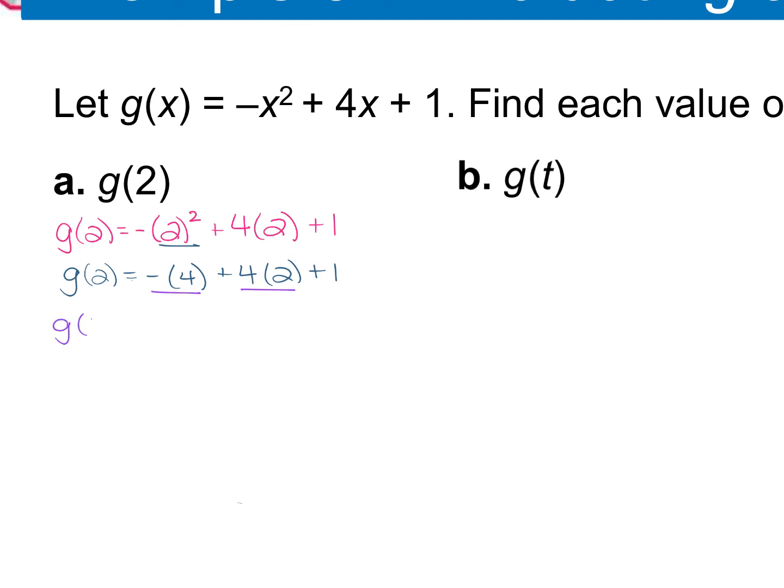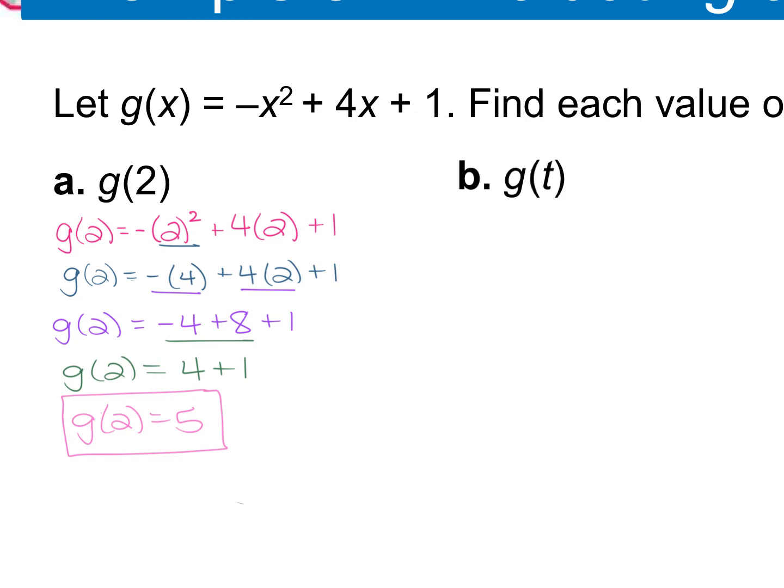So that's going to give us g of 2 is equal to the opposite 4 is negative 4, plus 4 times 2 is positive 8, plus 1. Your negative 4 plus 8 gives us 4. If we add 1 to that, that gives us that g of 2 is equal to 5.